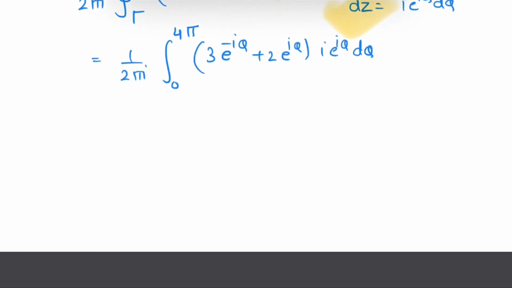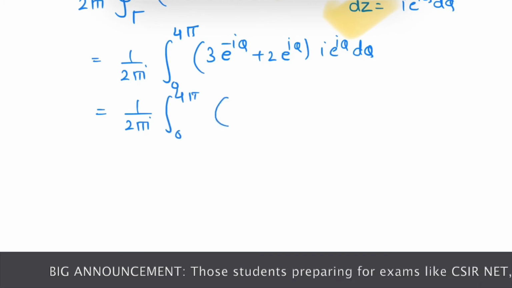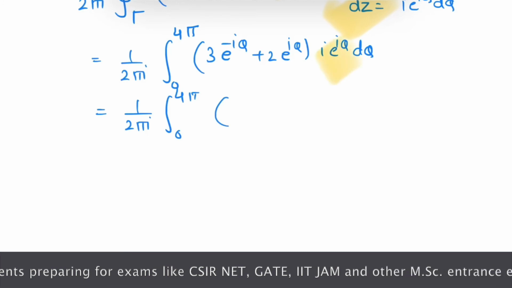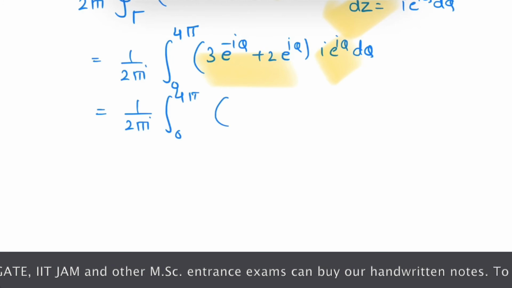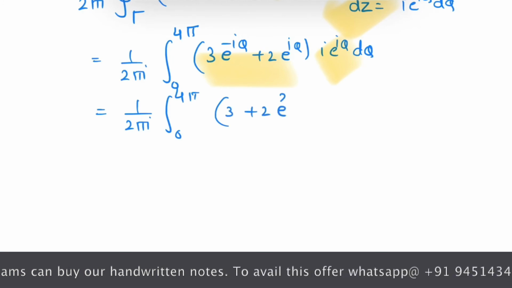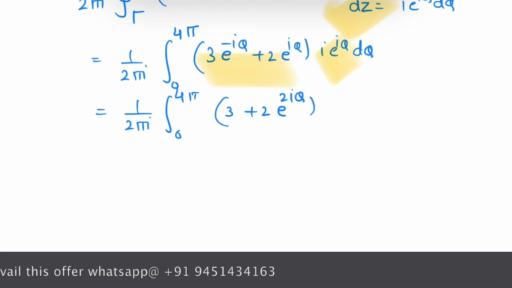Now let's simplify. So we'll have 1 over 2 pi iota integration from 0 to 4 pi. Now let's multiply this e raised to iota theta inside the bracket. After multiplying we'll get 3 plus 2 e raised to 2 iota theta d theta.